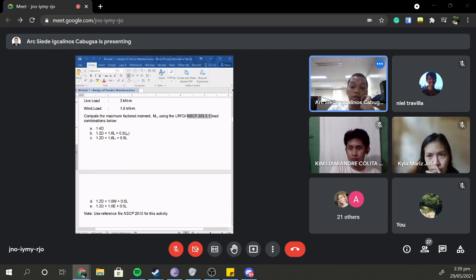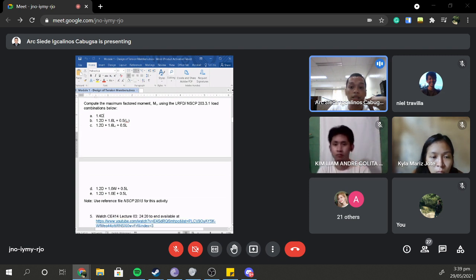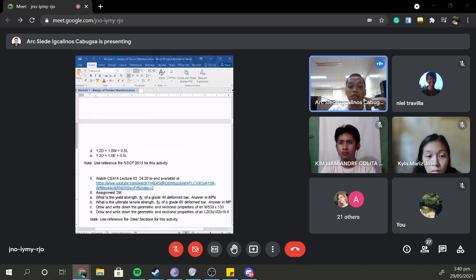I'll upload a PDF copy of the NSCP 2015, noted at 203.3.1, so you can see all the formulas there. D is for dead load, L is for live load, LR is for roof live load, W is for wind load, E is for earthquake load. All the designations are in the NSCP. So I'm going to upload that.